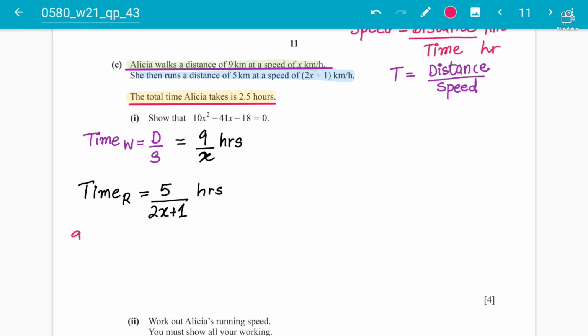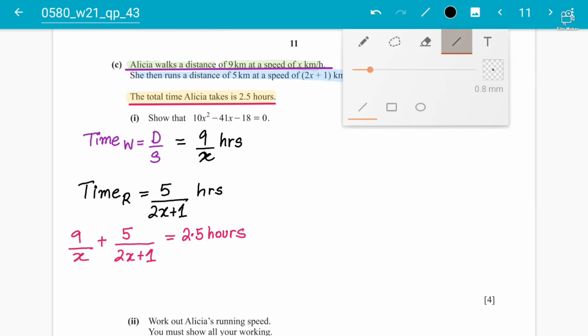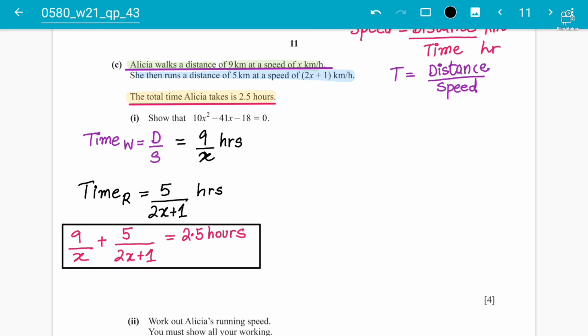So you add the walking time, 9 upon x hours, plus the running time, 5 upon 2x plus 1. You add these two times and they will be equal to 2.5 hours. You just have to solve this equation in algebraic form and you will get the answer.